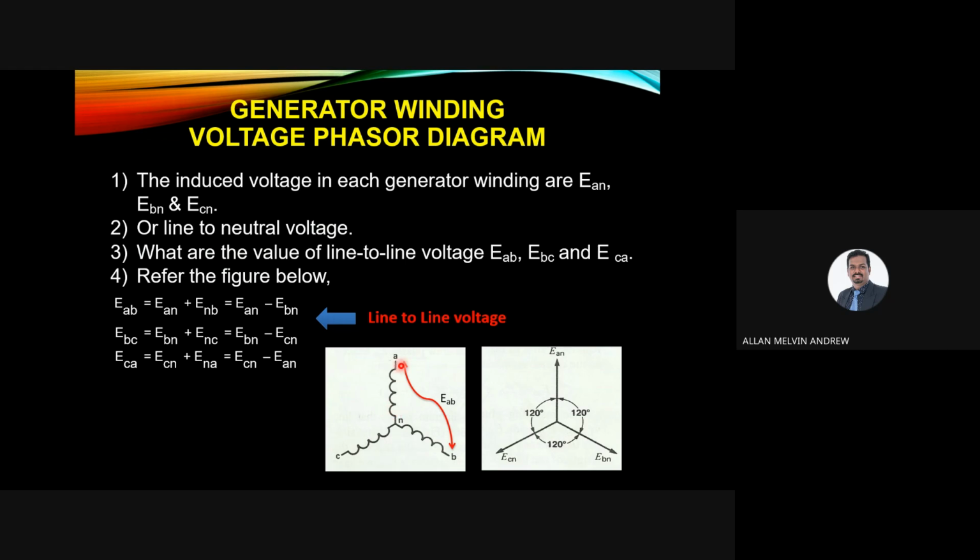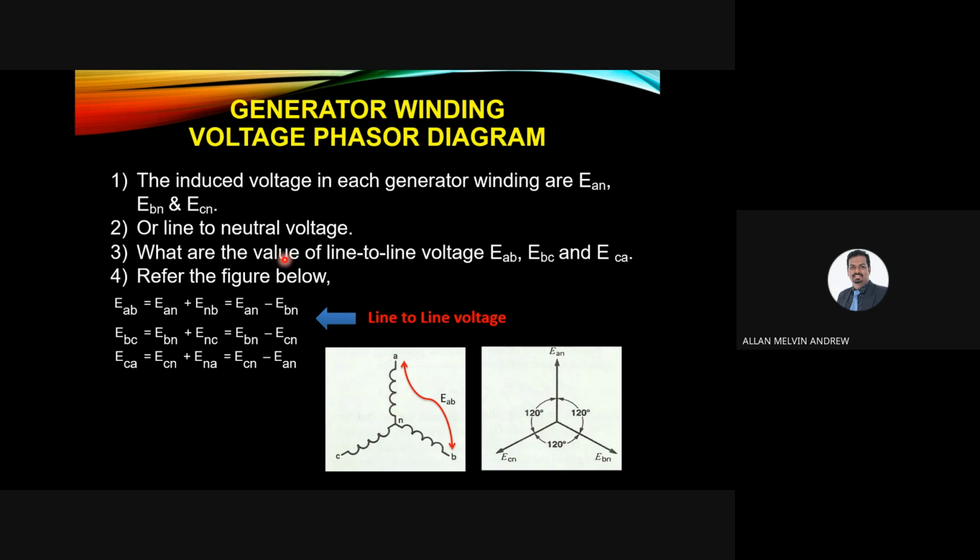These are the voltages generated by the generator, or we call it line to neutral. Line to neutral, line to neutral, line to neutral. So this is the first type of voltage, line to neutral.